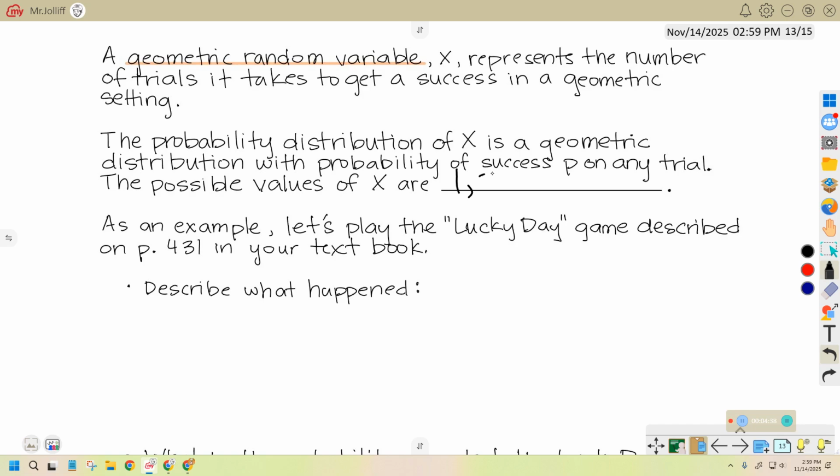And then another question. So we know we can have 1, 2, 3, 4. What's the upper limit? With binomial, it was n, the number of trials. Where do I stop here? Yeah, infinity is correct.